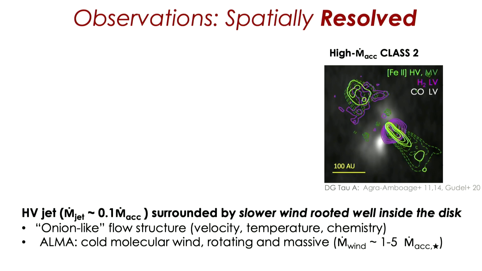We had already seen an onion-like structure in velocity: the fastest material seen in [Fe II] at high velocity, a lower velocity cocoon surrounding these jets in [Fe II], and in H2 an even lower velocity layer encompassing these components. And then finally, with ALMA, recently an even slower CO flow was observed around this. So this onion-like structure is in velocity, but also in temperature and in chemistry.